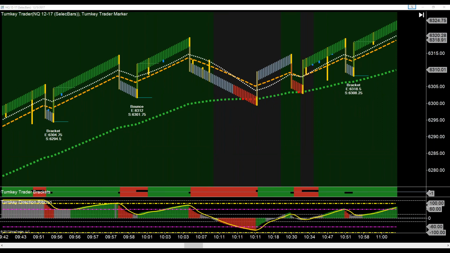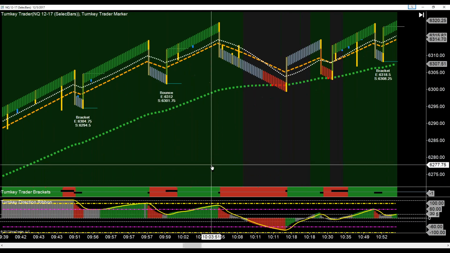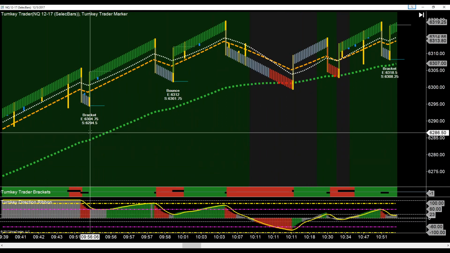So the first question is, what is the criteria for distinguishing the bracket trade from the bounce trade when they look very similar on the chart? I can see where in instances like this that would be a little tough.